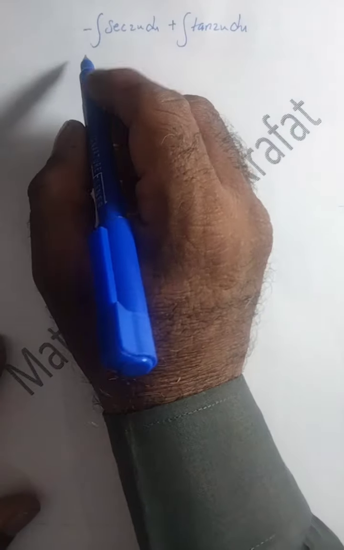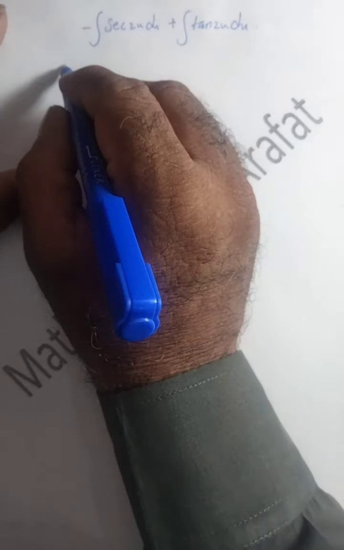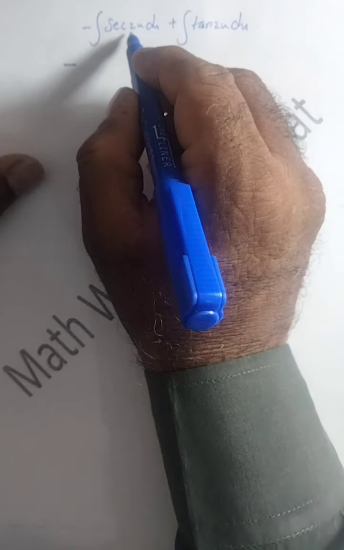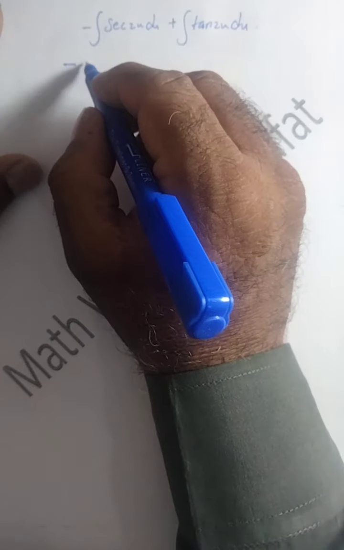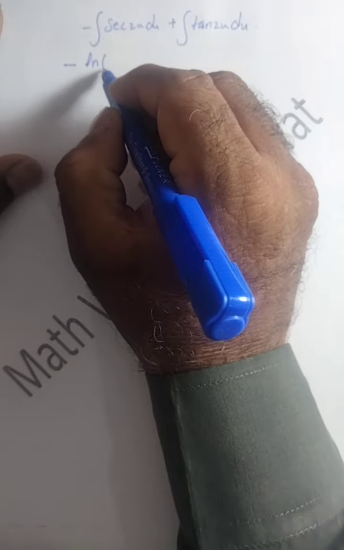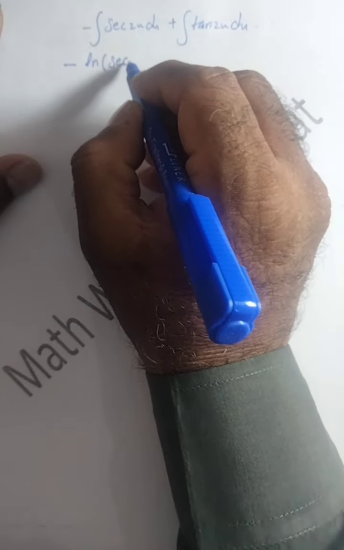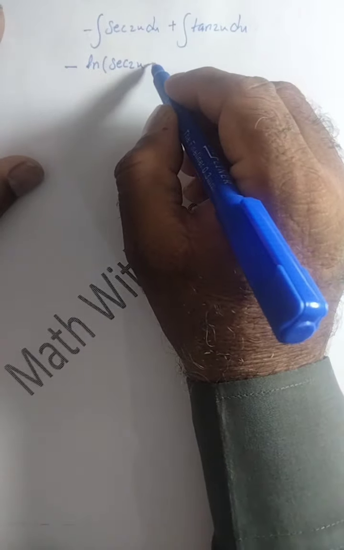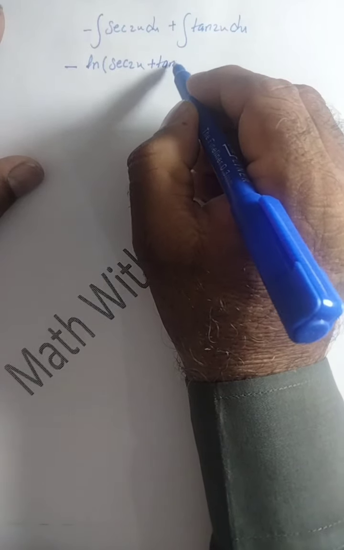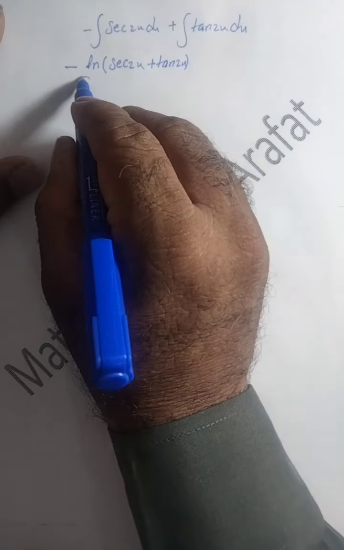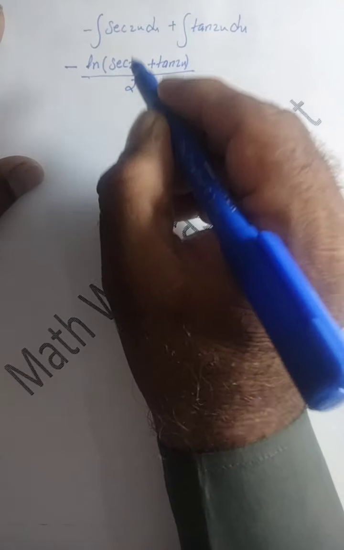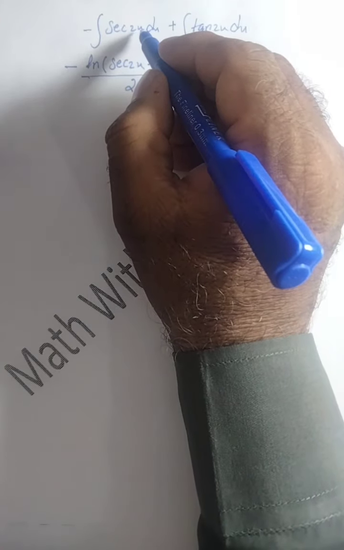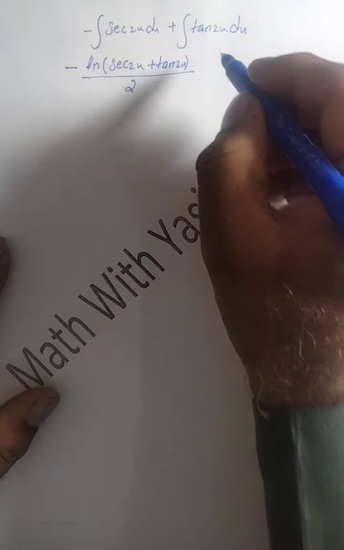Now we have applied the formula of integration here. The minus remains the same. The integration of sec 2x is ln of sec 2x plus tangent 2x, and the whole divided by 2. We have to divide by the constant which is given with the angle here.